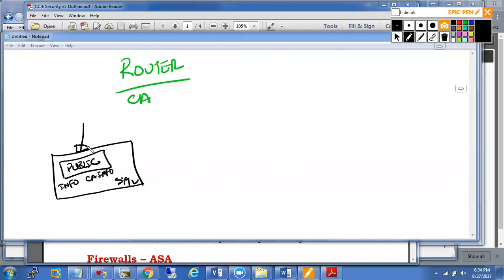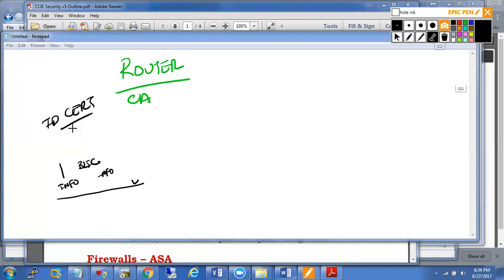So your public key is inside your ID cert. When somebody asks me for my public key, I'm going to send my ID cert, which contains my public key. Got it?